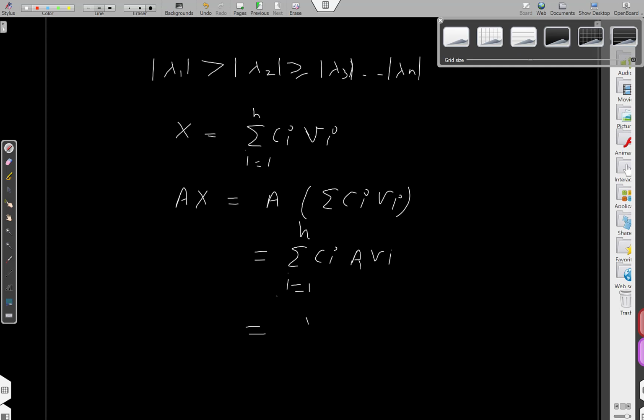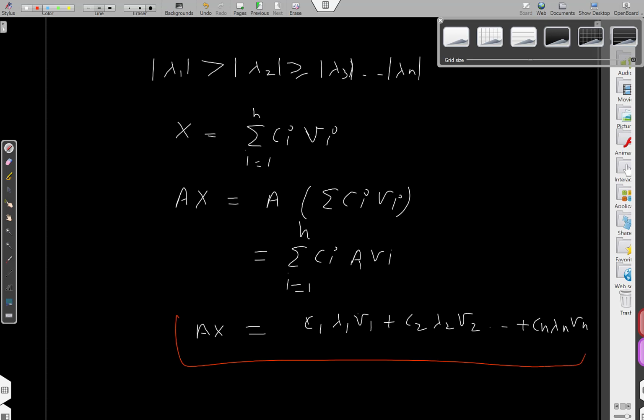If we expand this sum, we get c1 lambda 1 b1 plus c2 lambda 2 b2 and so on, plus cn lambda n bn. Okay, this is Ax.